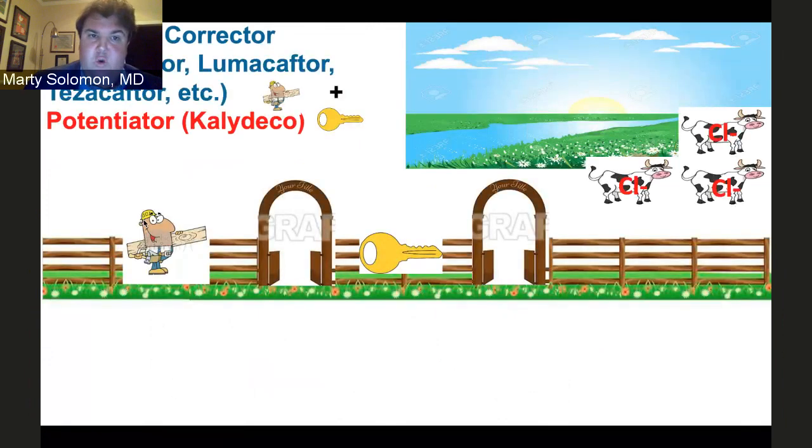And we can see that when these drugs are paired as combinations of correctors and potentiators, we have a familiar modulator drug like Trikafta, which is the combination of tezacaftor, elexacaftor, and ivacaftor, 3 drugs, 2 of which are correctors to help to stabilize the protein production process, and then the potentiator drug to act as a key to open the faulty gate opening mechanism. And so in combination, this works to help with our F508del mutation.